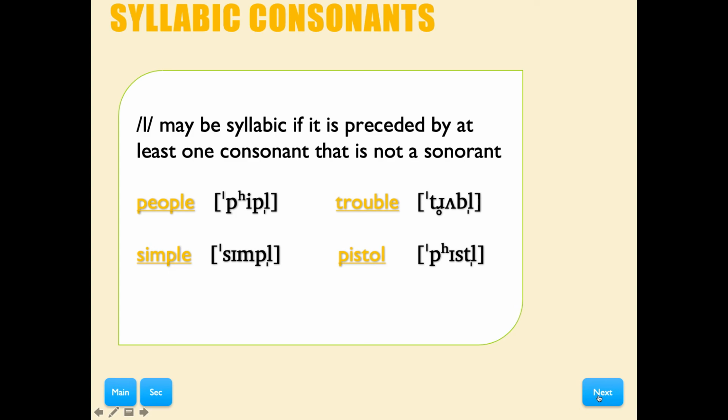Now, the alveolar lateral may be syllabic if it is preceded by at least one consonant that is not a sonorant. So we have the examples people, trouble, simple, and pistol. In these examples, the alveolar lateral is preceded by obstruents.